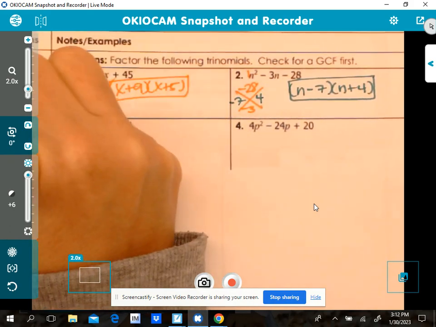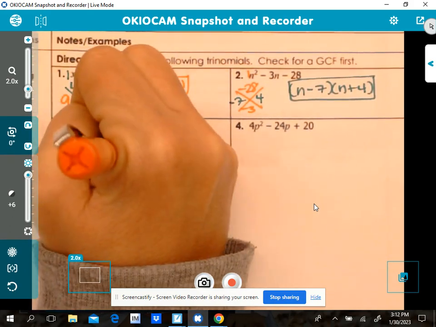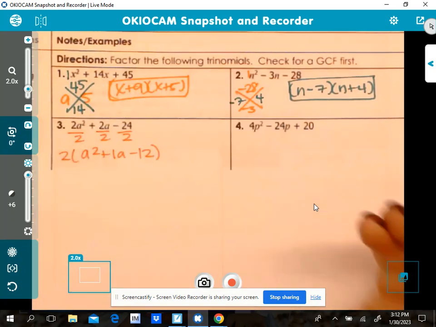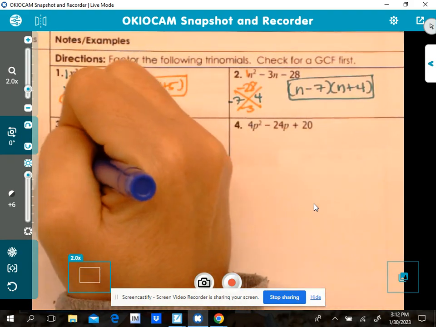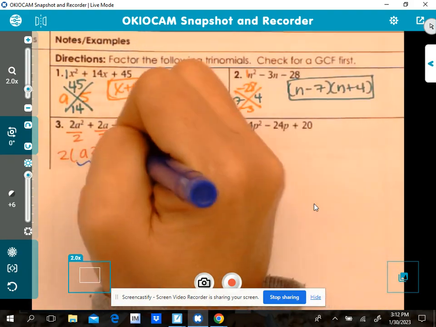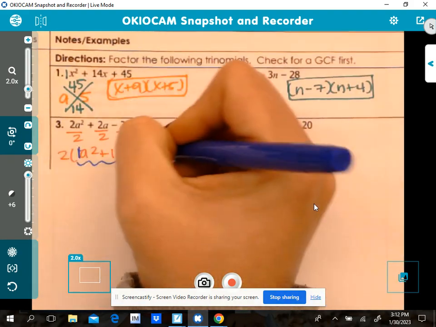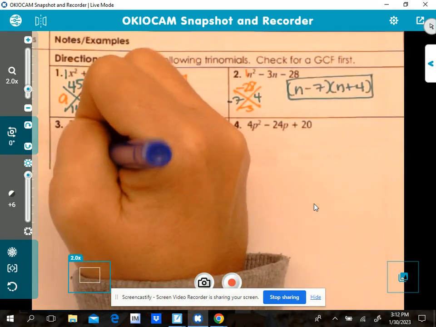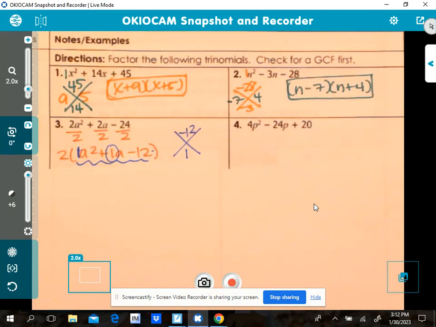Okay. All right. Then we went down to where we did have a GCF. So like on number 3, and it will be number 4. Okay. 2a squared plus 2a minus 12. All right. Then we had to say, okay, we've gotten that far. Now, can we factor in here? And so we Xbox this. So again, now that's a 1. 1 times negative 12 is negative 12. This one goes in the bottom.